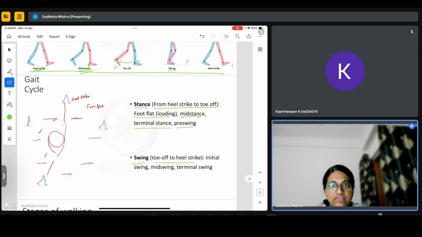For the swing phase, there is initial swing, which is encapsulated in this, mid swing, also encapsulated in this, and terminal swing, encapsulated by the heel strike.